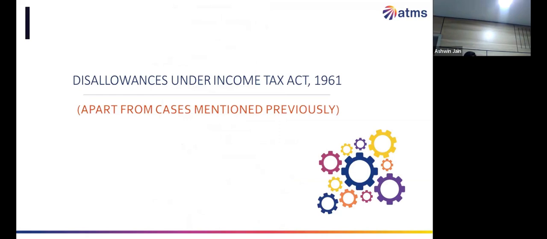मैं क्लाइंट को क्या बोलूं कि क्या मेंटेन करें जिससे हम आगे जाके जस्टिफाई कर सकें, क्योंकि असेसमेंट 3 साल बाद आनी है.